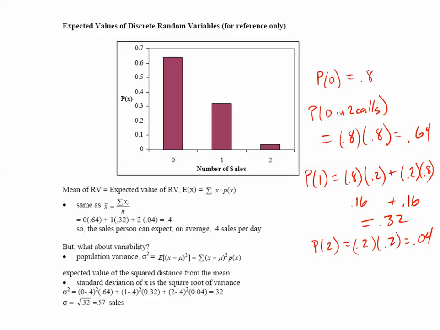So the probability that they'll make 0 is 0.64. The probability that they'll make 1 is 0.32. And the probability that they'll make 2 is 0.04. We add these up and we can see that we've covered all possible occurrences.